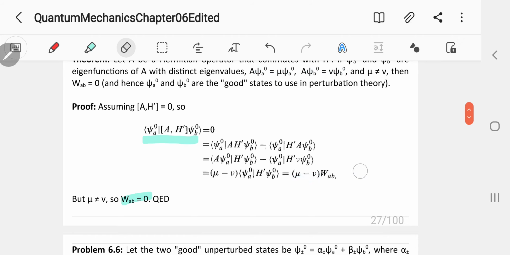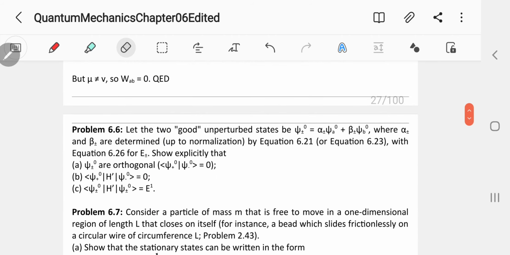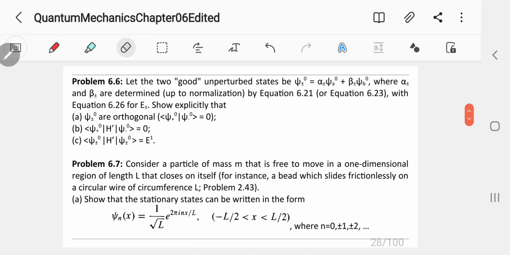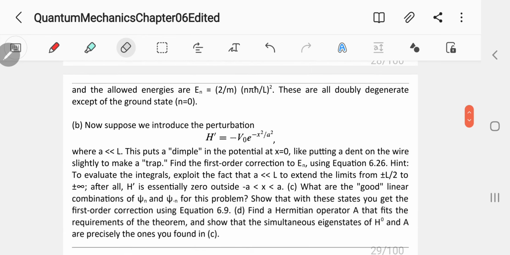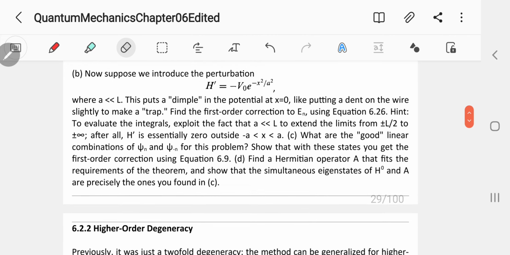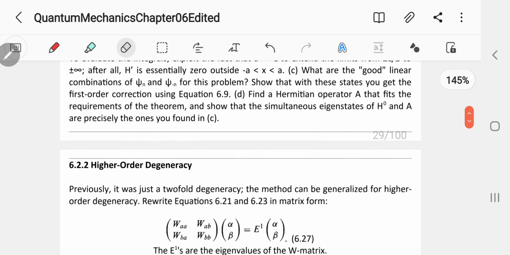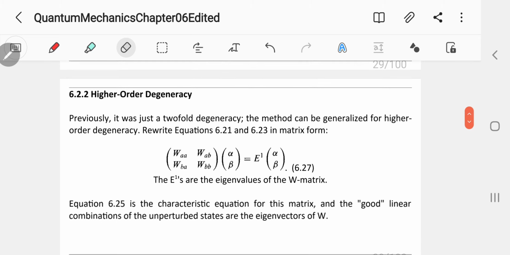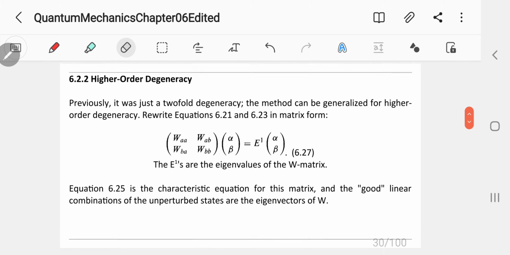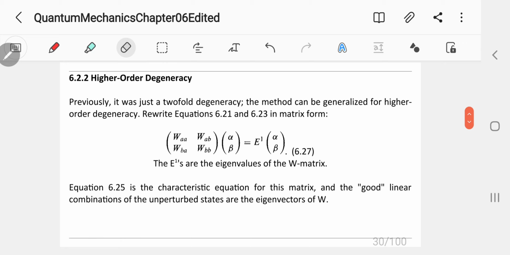If you have so much time, I know you have, you can solve problem 6.6 and also problem 6.7. Higher order degeneracy would also take some time, so we will discuss this in the next session.